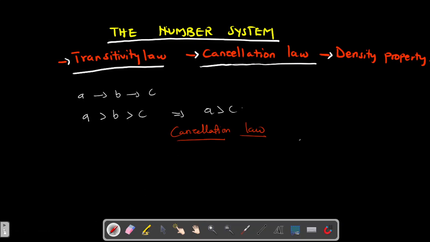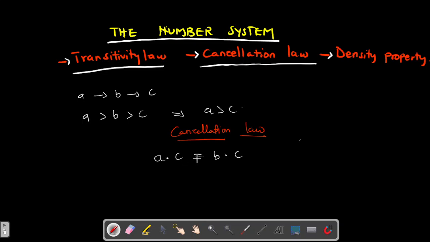So let's see something perfectly here. If I have an equation such that A times C is equal to B times C, what am I seeing here? You realize that we have C here, we have C here. What happens? I can take C away, I can take C away. So that's the idea of the cancellation law.